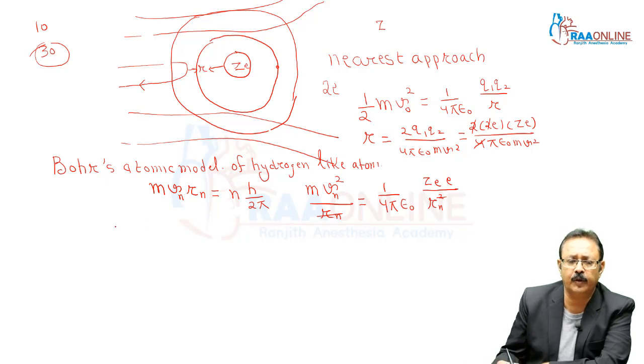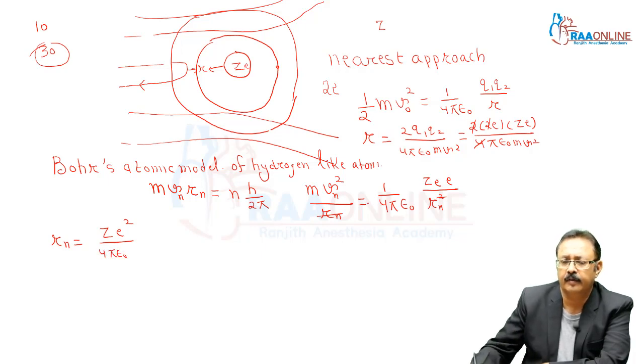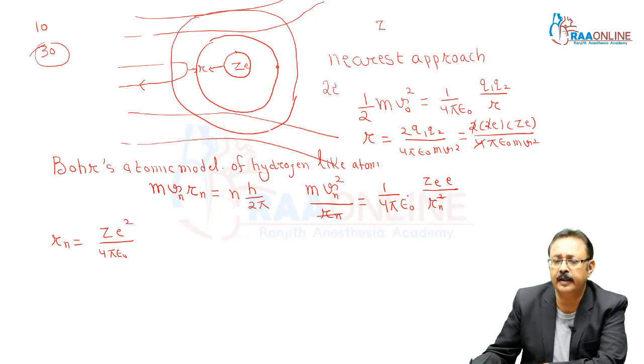If we first want to calculate Rn, what is Rn? Ze square upon 4 pi epsilon naught. What are we getting for Rn? Ze square.